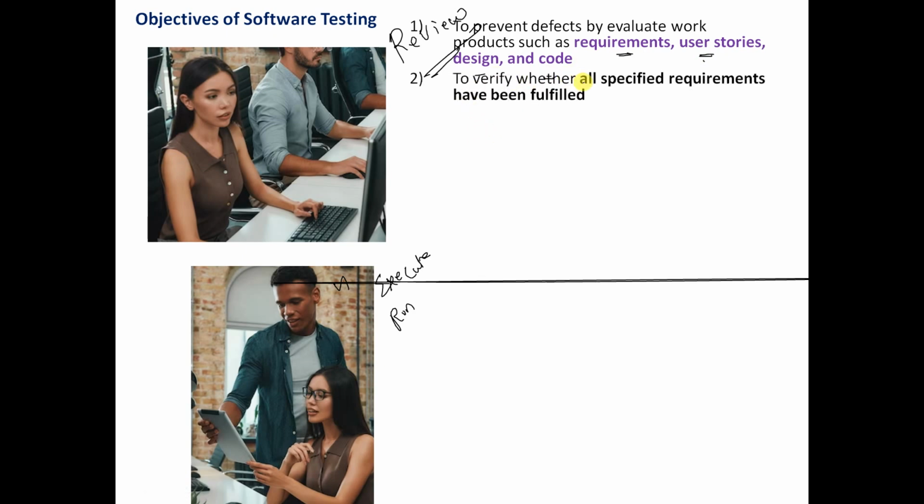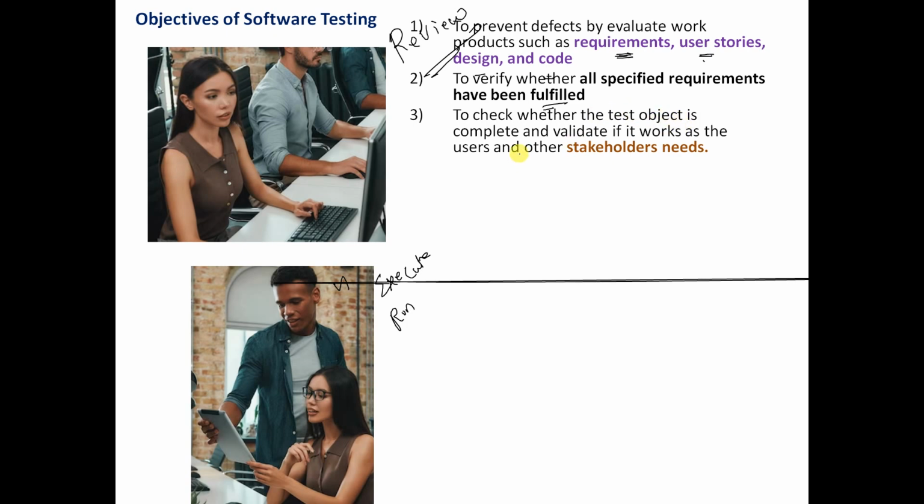To verify whether all specified requirements have been fulfilled. Again, here they talk about the requirements, whether all specified requirements have been fulfilled or not with the software. To check whether the test object is complete and validate if it works as the users and other stakeholders need. So I mean the complete software has to work as per the stakeholders' needs.